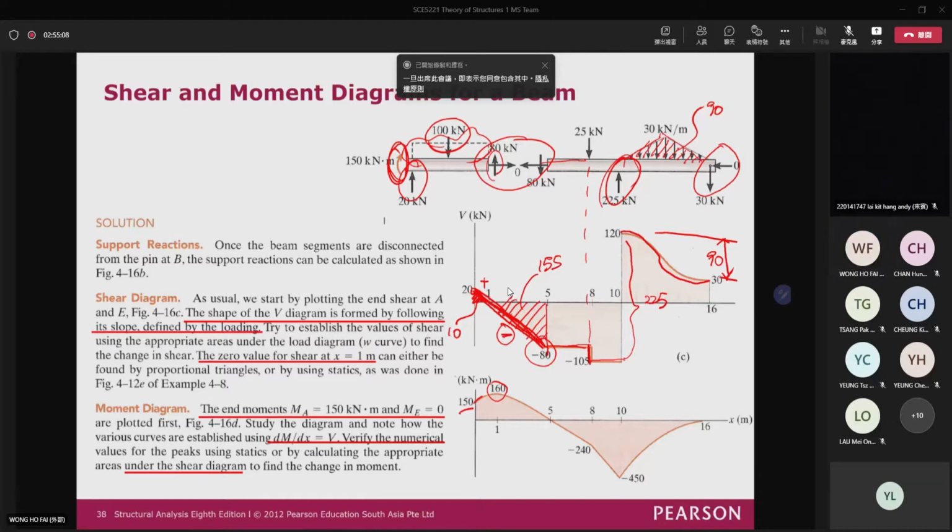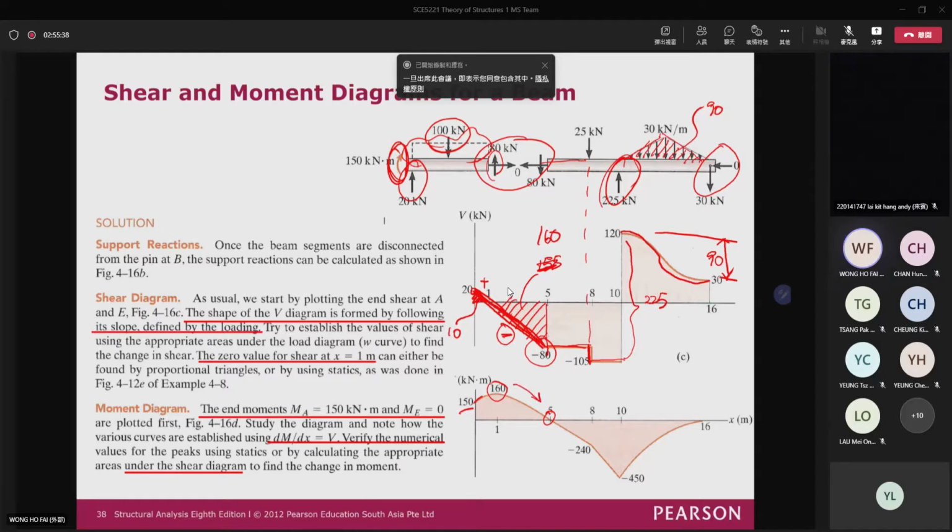Okay. 180 times 4. It is equal to 160, sorry. 160 here. So you will go to 0 here because the value goes to 0.